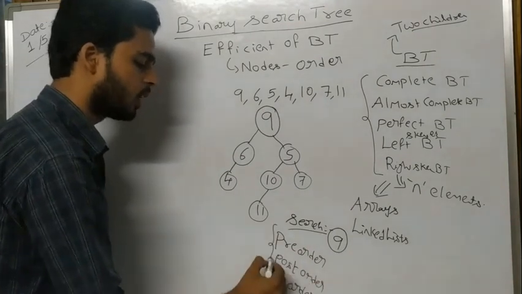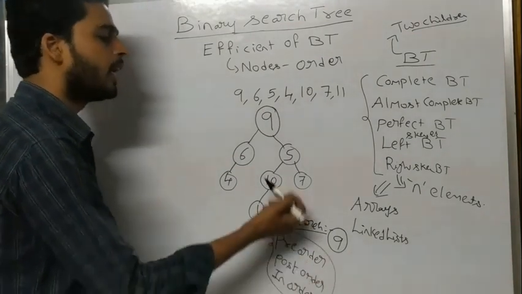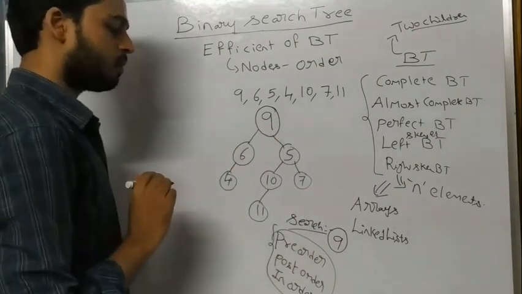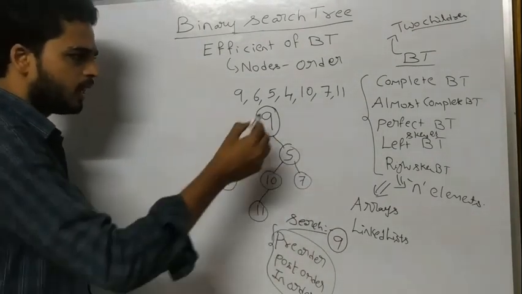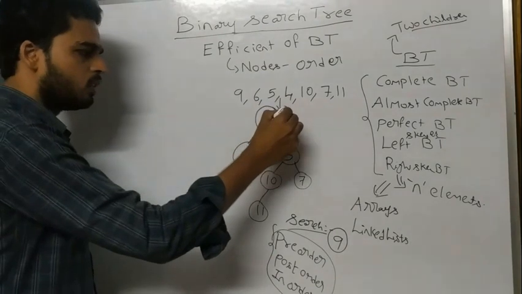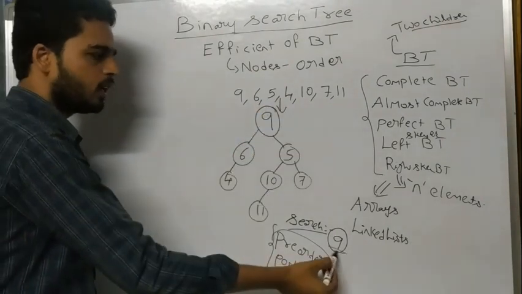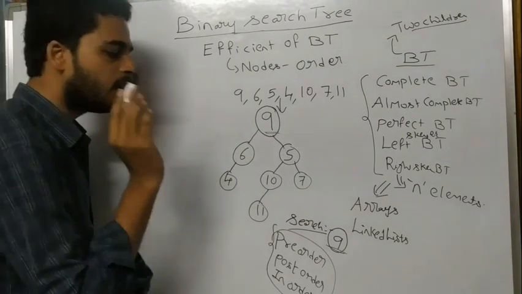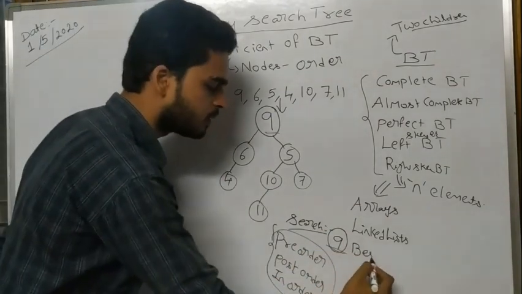Why? Because these are the three traversing techniques in order to traverse over an entire binary tree. If I want to search an element, I will start from the root node. If the element that I am searching is the root, I got my searching element, so I can stop the process. This is the best case.